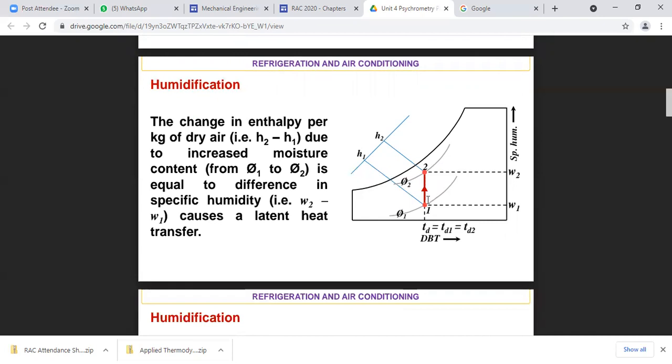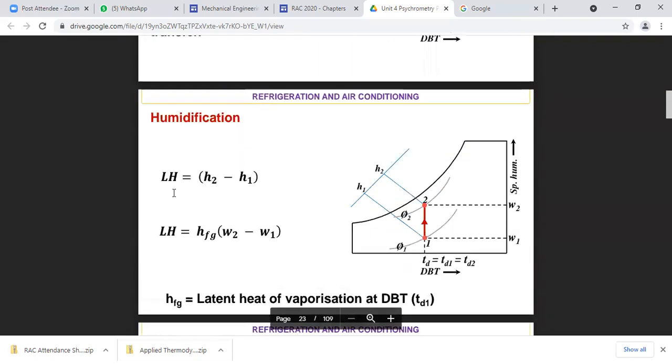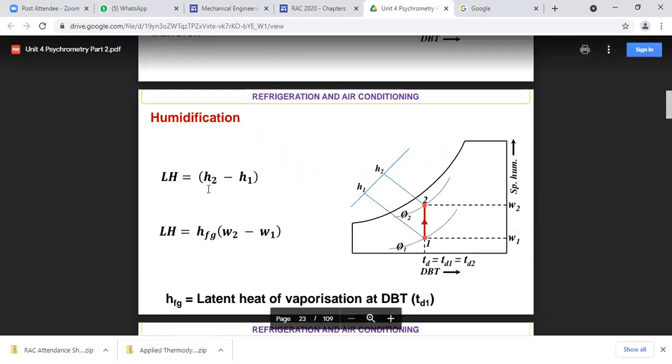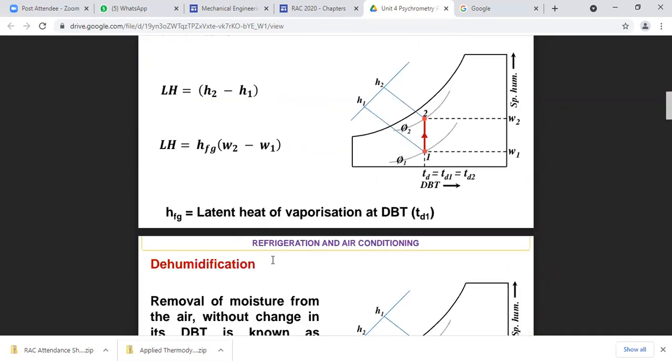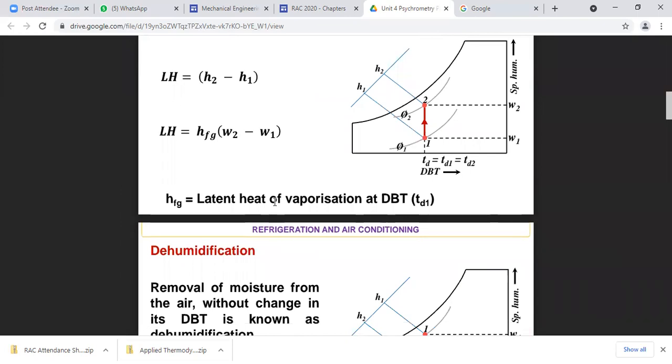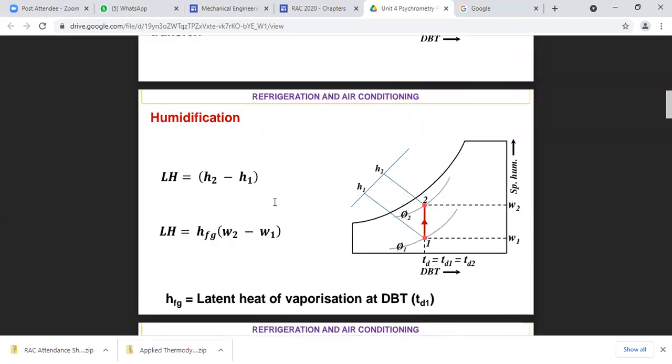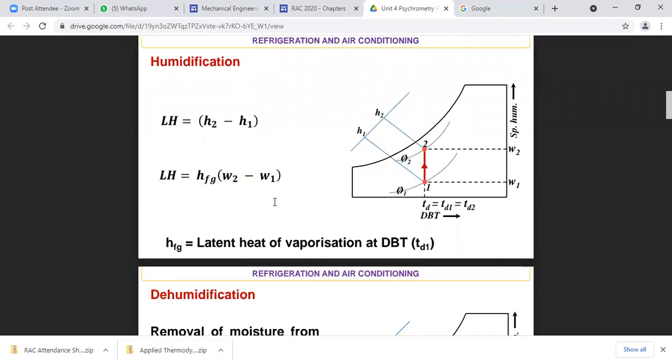As the moisture content increases, the enthalpy increases, and the specific humidity causes latent heat transfer. So we can say the latent heat is equal to H2 minus H1, that is LH is equal to h_fg into (W2 minus W1), where h_fg is the latent heat of vaporization at dry bulb temperature. So this is humidification.